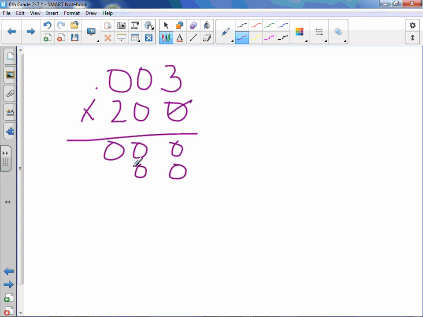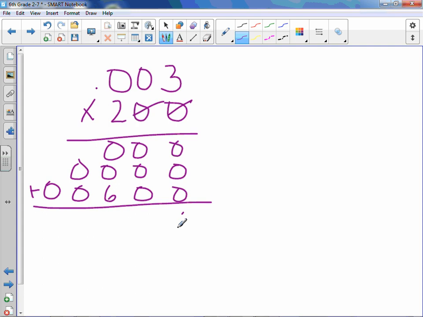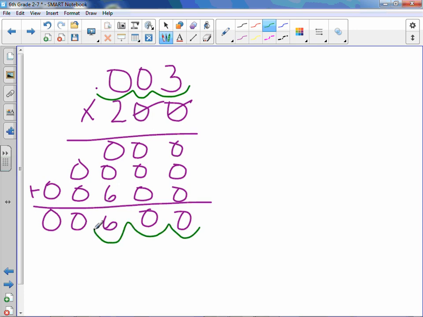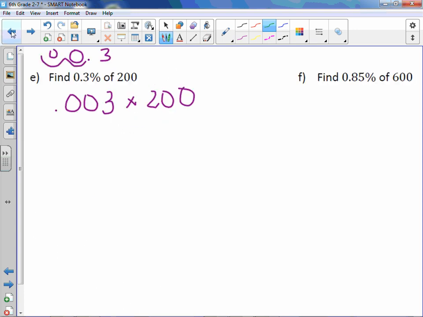Placeholder. 0, 0, 0. 2 placeholders. 6, 0, 0. We have 1, 2, 3. So it looks like 0.600, or we can simply just write that as 0.6.